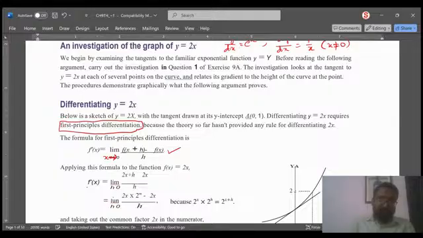F dash x is equal to limit h tends to 0 of f of x plus h minus f of x by h. So this is your first principle formula.